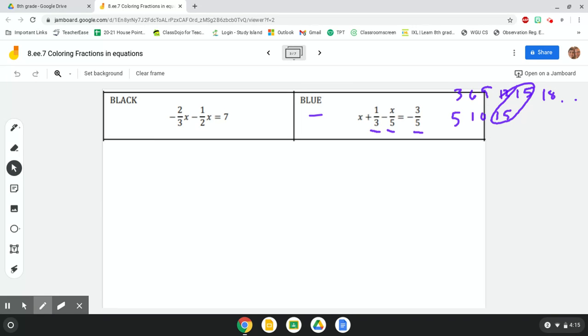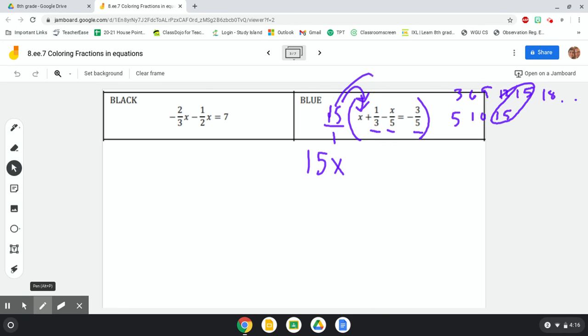So that's what I multiply my entire equation by, is 15. Okay, not a negative 15. So since I'm dealing with fractions, I'm going to go ahead and put that 15 over 1 just right away. So when I go to multiply, 15 times x is just 15x.